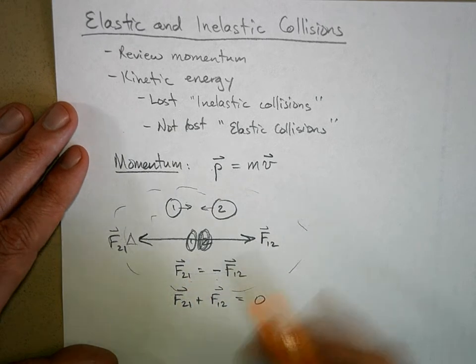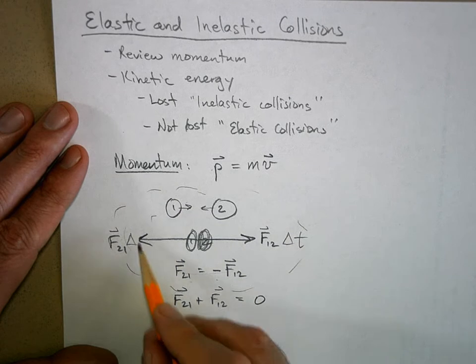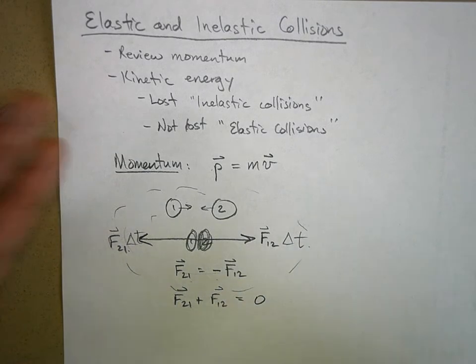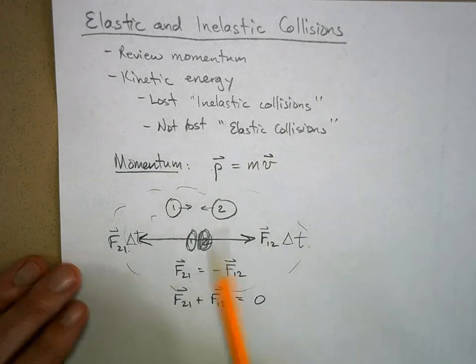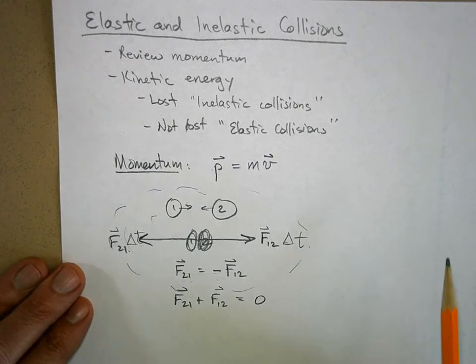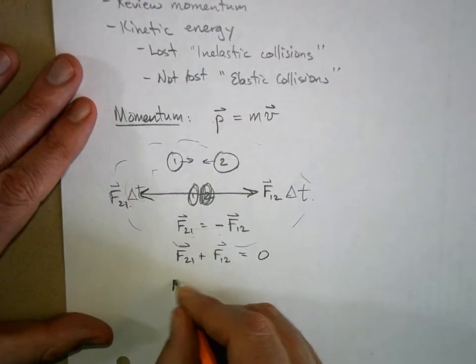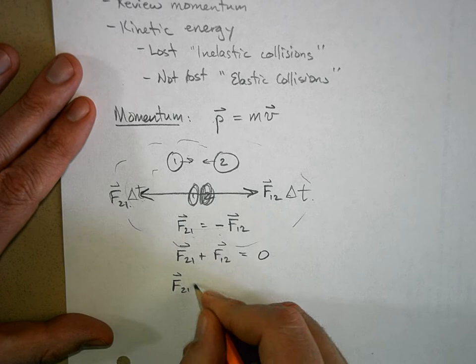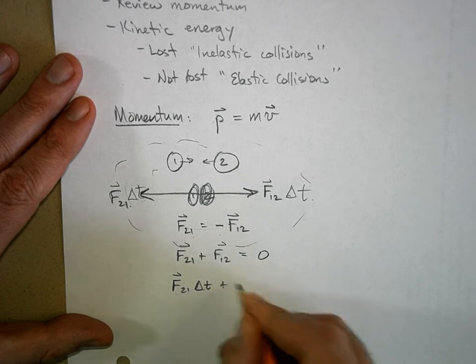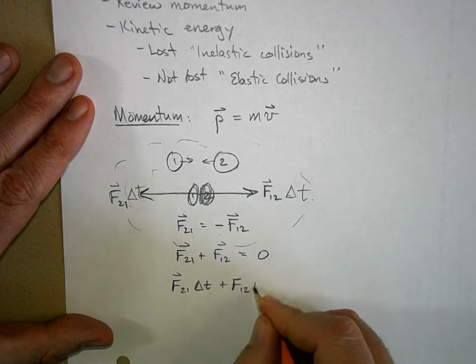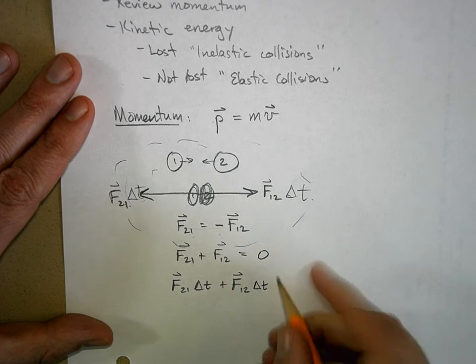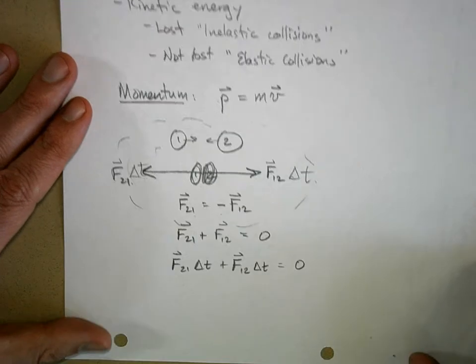We can multiply this by delta t, the time it takes for this collision to happen. It's the amount of time these forces are being applied to each other, and they're obviously being applied at the same time. So F2 on 1 times delta t plus F1 on 2 times delta t equals 0.